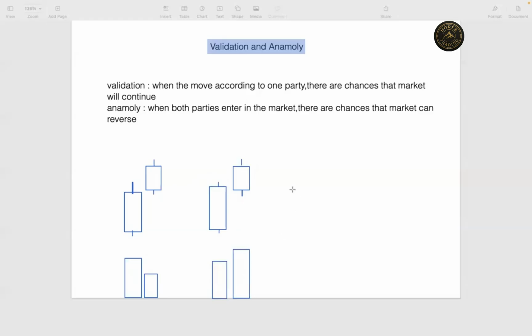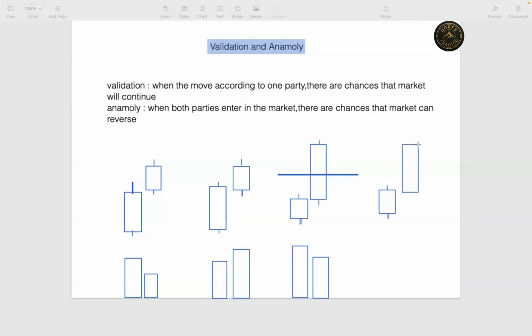Okay, small candle, big candle, and we have a level here, and here we have a decreasing volume. Small candle, big candle with a level crossing, and here we have an increase of volume.